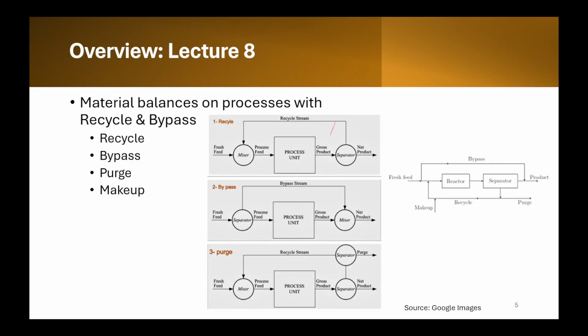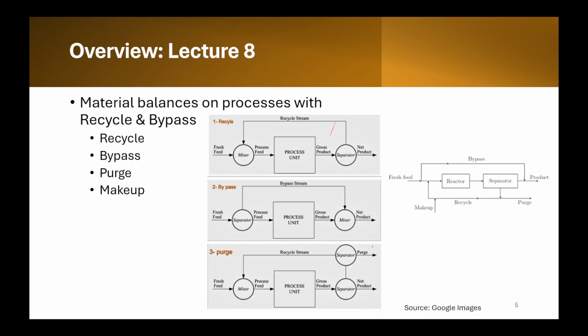If we keep on recycling unreacted reactant, the inerts may also get in, so the concentration of inerts inside this process unit may keep on increasing. To avoid that, we put in a separator here and remove the inerts through the purge stream. So this is the purge.